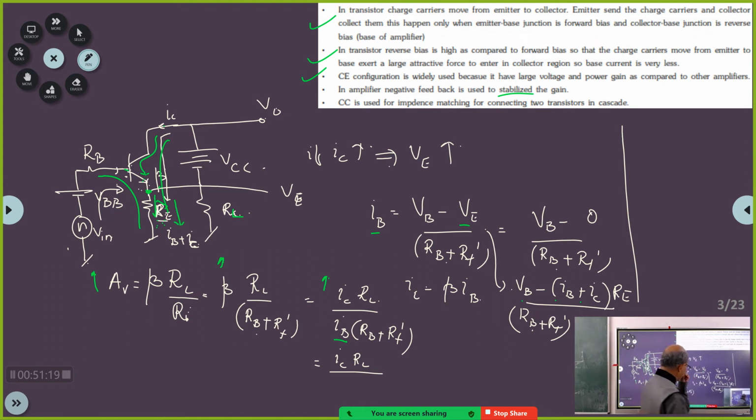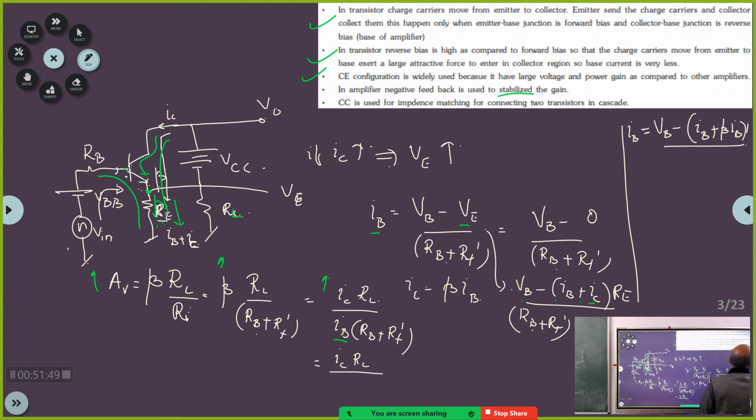So now here you see, if the temperature has increased, okay, I'll rewrite this. IB will now be equal to VB minus, see here, IB plus beta IB, because IC is what? IC is beta IB.